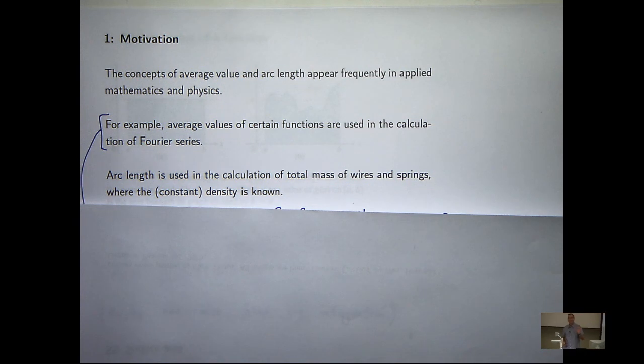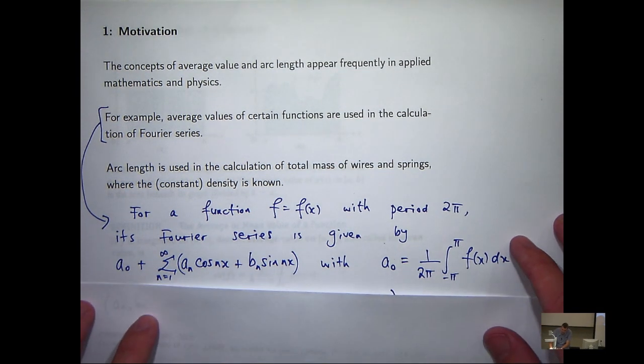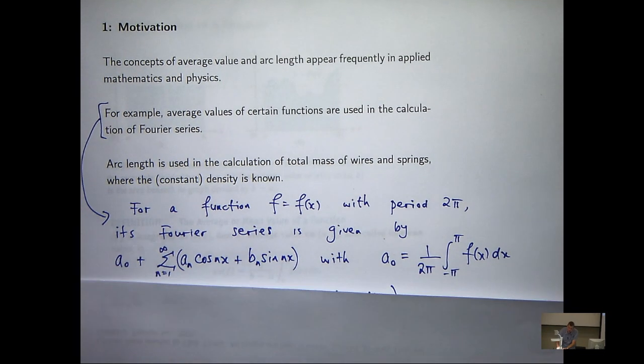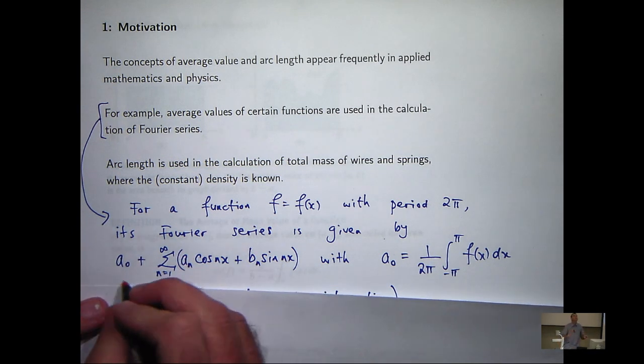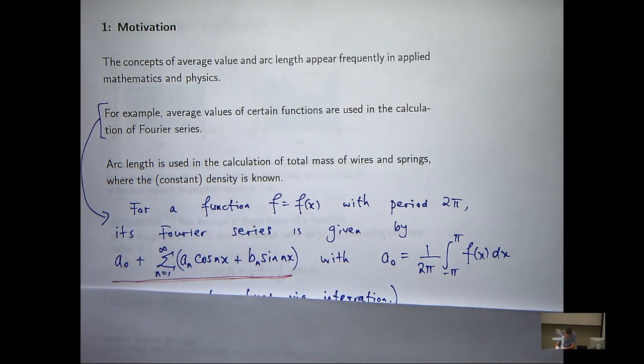Also, the so-called average value of a function pops up in the calculation of Fourier series. Fourier series are a little bit like series you've seen, but instead of a power series involving x squared, x cubed, etc., these Fourier series involve cosine and sine.